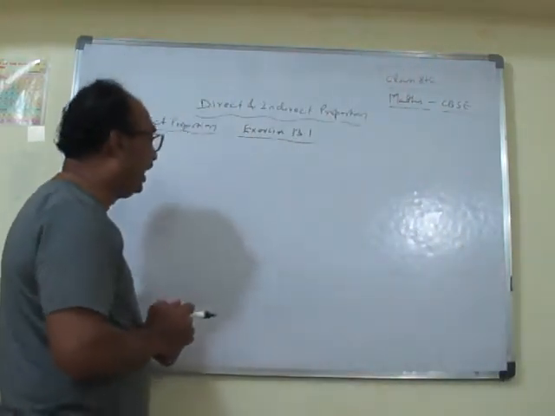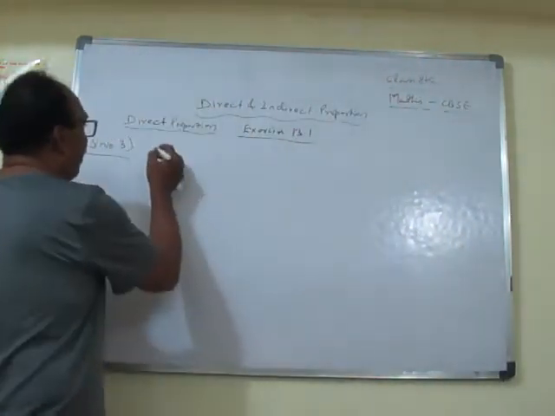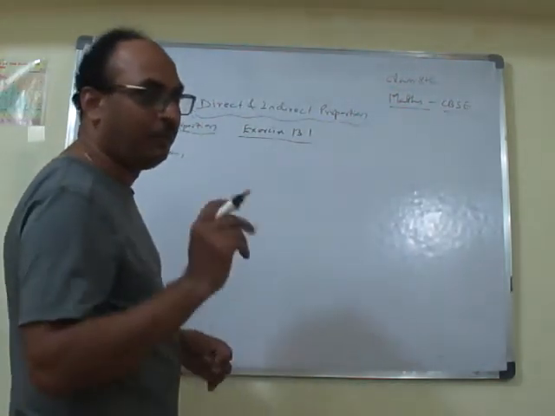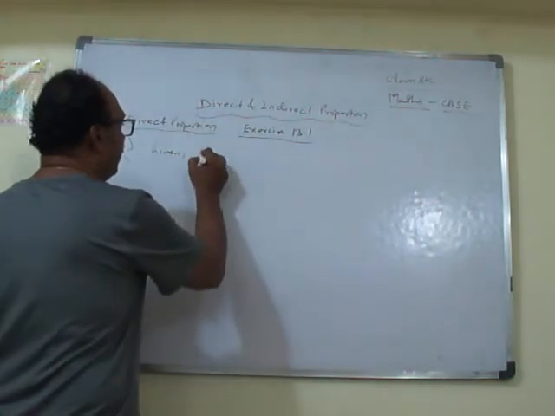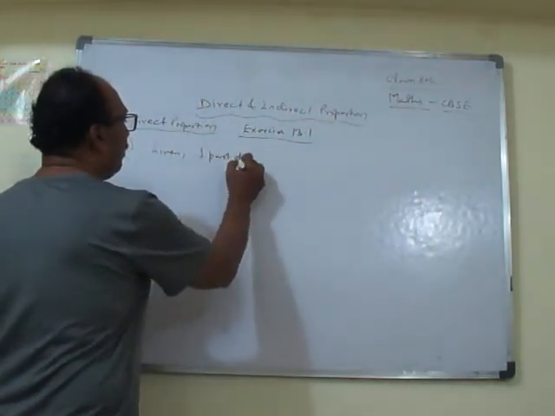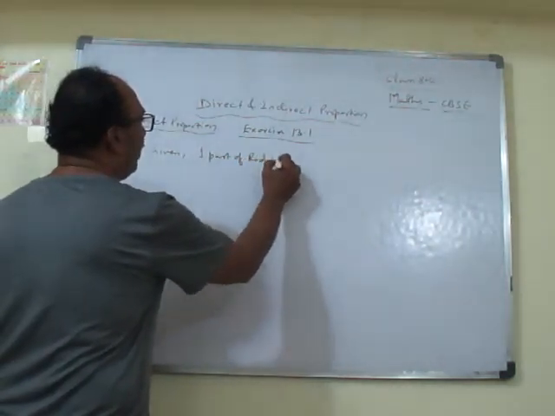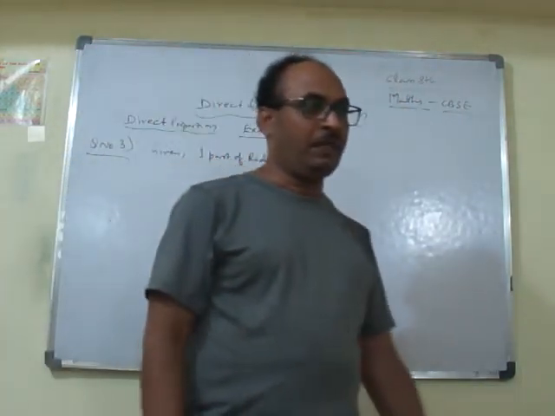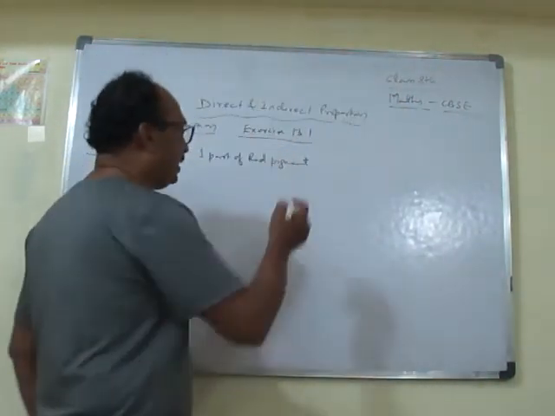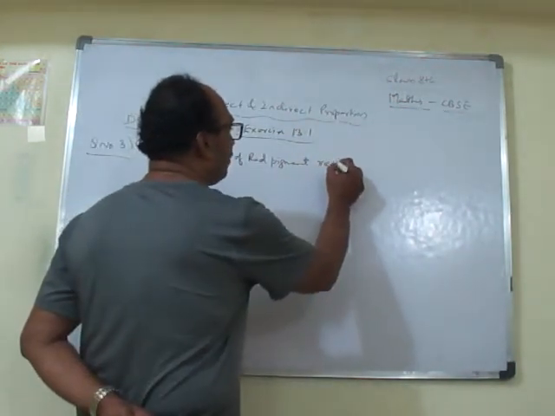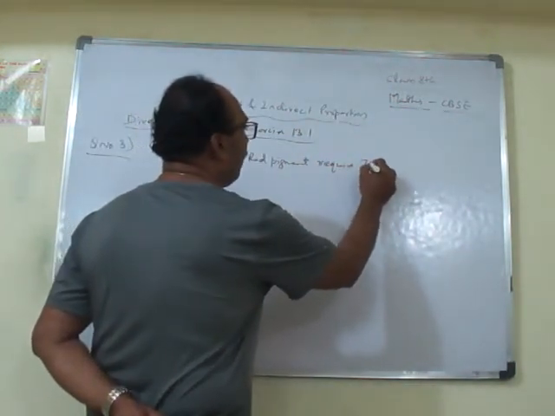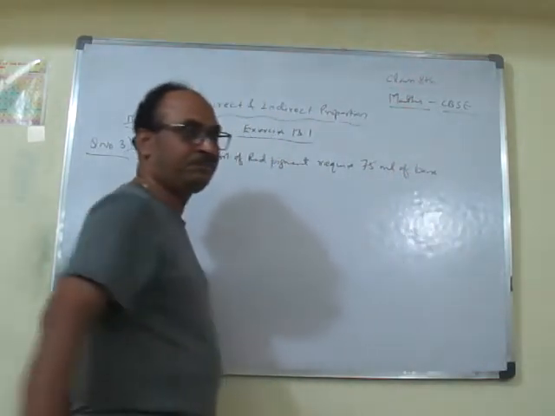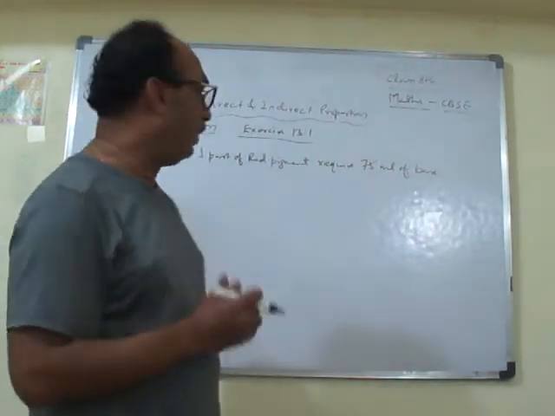We are already given one condition: one part of red pigment requires 75 milliliter of base.